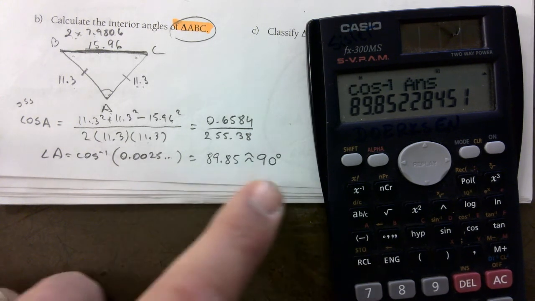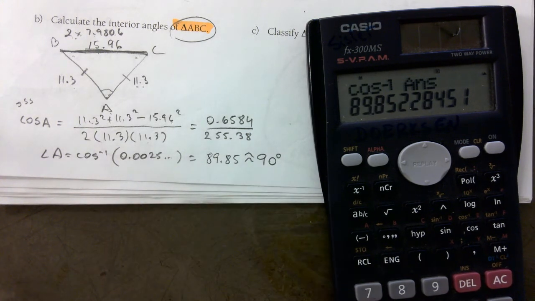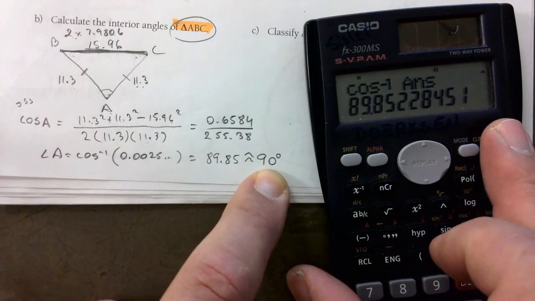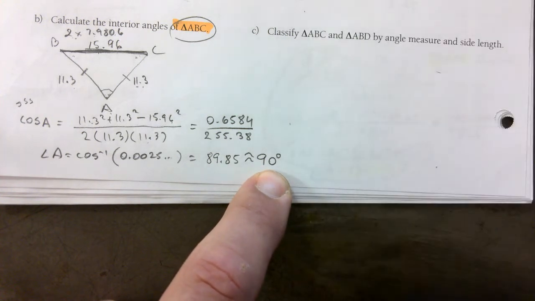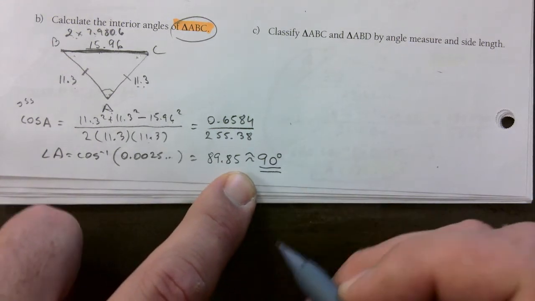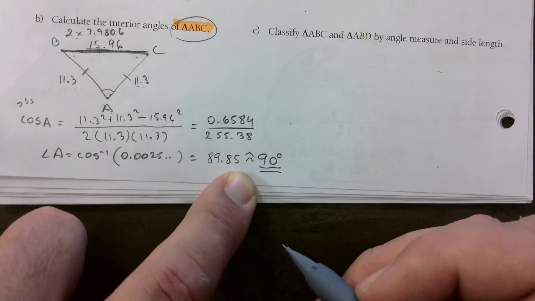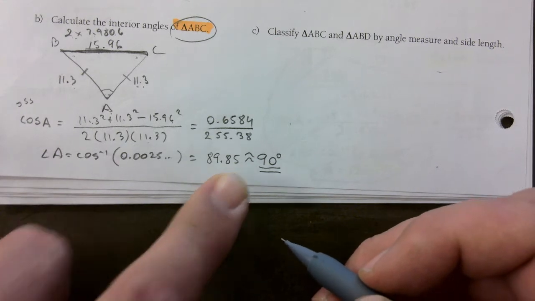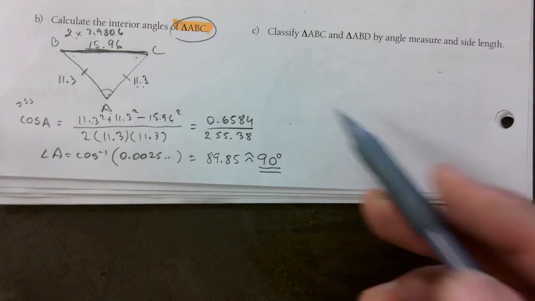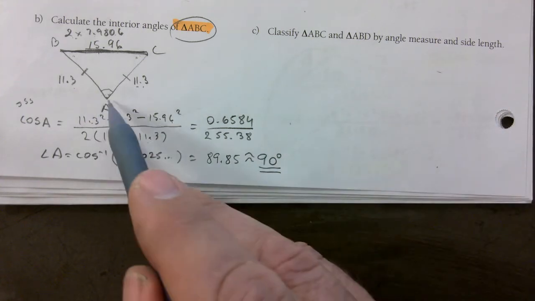You don't do this in the trig unit where you're just solving for angles, but in this unit we will do this to classify most likely. And then it's in our best interest to just find the whole rounded to whole degrees. Okay, so we got 90 there. So A is done.